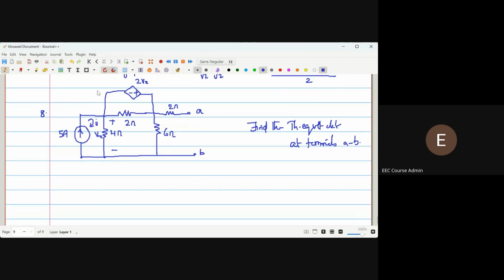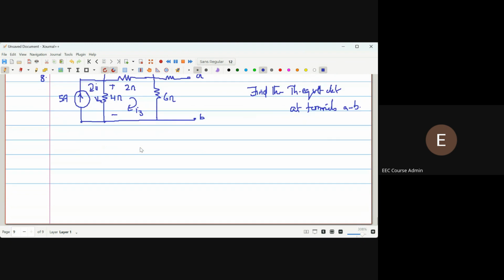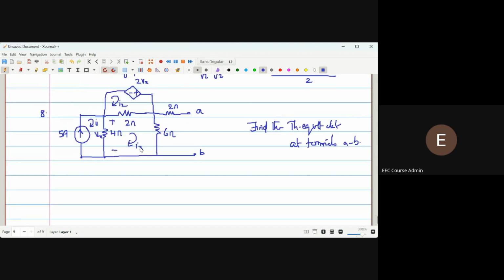One better way of doing it is using mesh analysis. So I consider the mesh currents I1, I2 and I3 for the 3 loops.